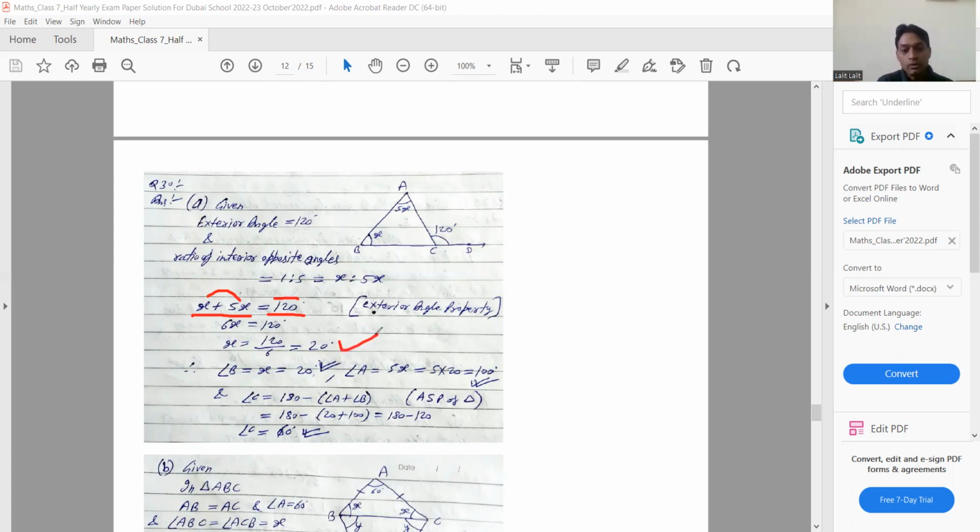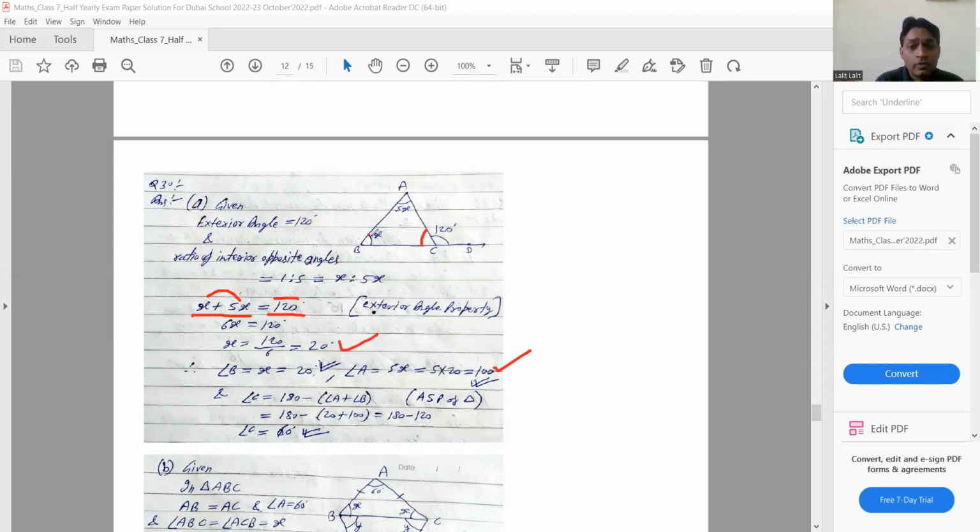Now that x is equal to 20 degrees, angle B is x, which is 20 degrees. Angle A is 5x, so 5 into 20, which is 100 degrees. Now we also need to find angle C. We can find it by multiple techniques. What I am using here is the angle sum property of a triangle.